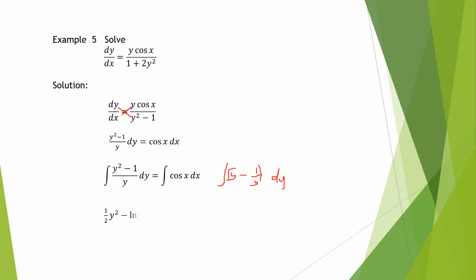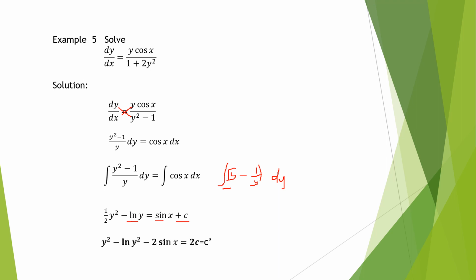So the next step is integrate. That is just y squared over 2, minus ln of y, equals sine x plus c. I think this is now the final answer.